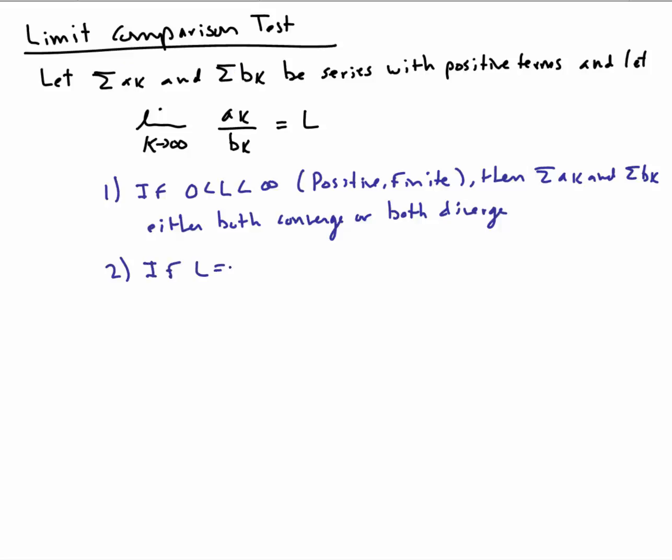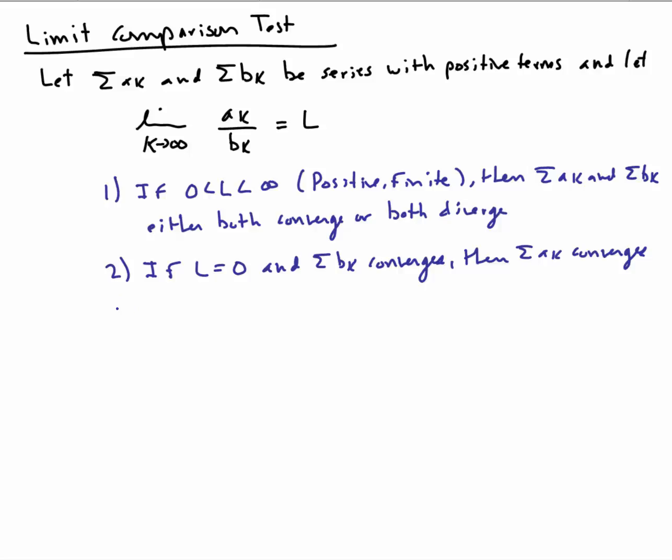Now if I run this test and I get L equals 0, and we know that b sub k converges, what that tells us then is that the series a sub k converges if we get L equal to 0.